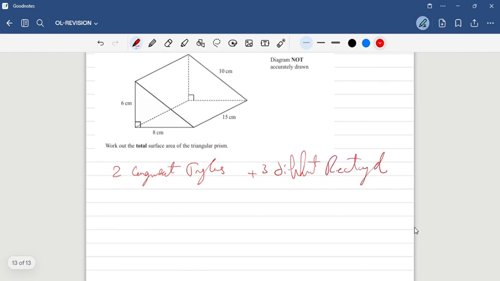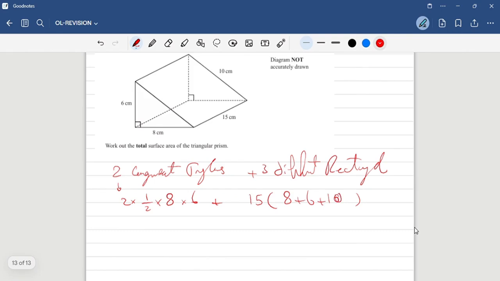For the two congruent triangles, this triangle has base 8, height 6, so its area is half times base times height, so half times 8 times 6, of course times 2. This is all because I have three different rectangles. They have a common length, which is 15. So in this case, it will be 15 multiplied by all the different widths, which are 8 plus 6 plus 10, right?